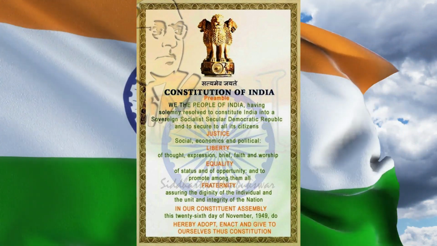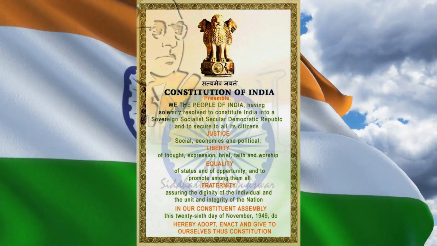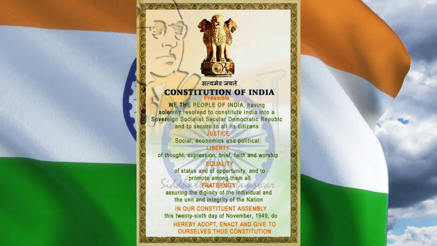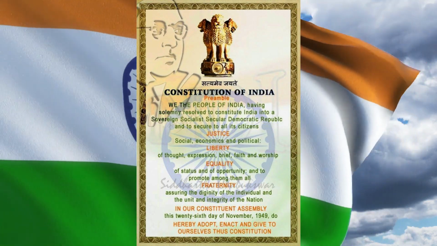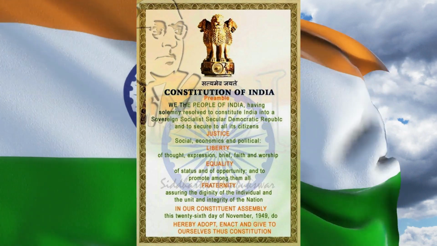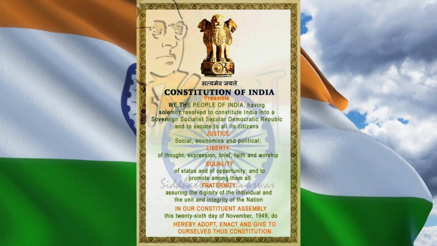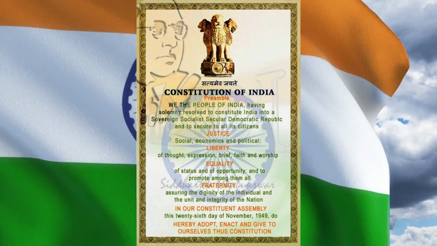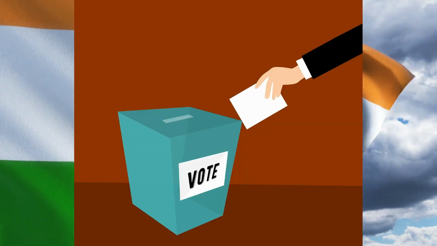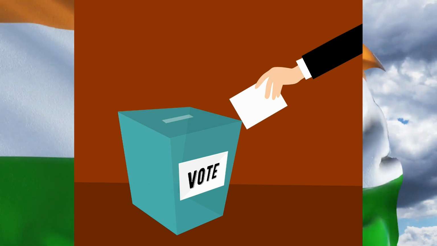Democracy refers to the government wherein people have the power to vote and elect their representatives to the government. These elected representatives then make the laws on behalf of the people. In India, citizens who are 18 years and above have the right to vote. Also, elections are held every 5 years.